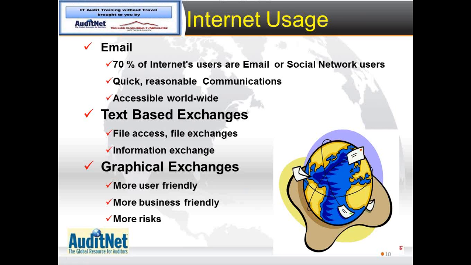We still see a fairly high proportion of text-based exchanges, either via emails or through file attachments, or through FTP itself, File Transfer Protocol. And it's used essentially as a way of exchanging information.